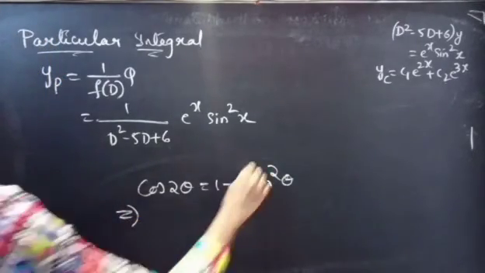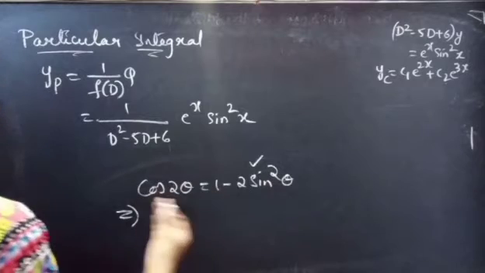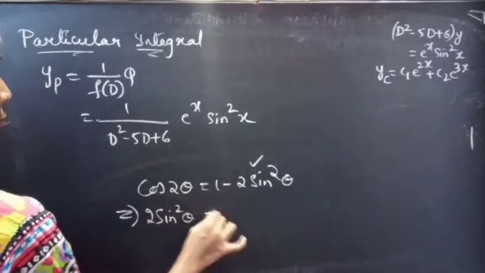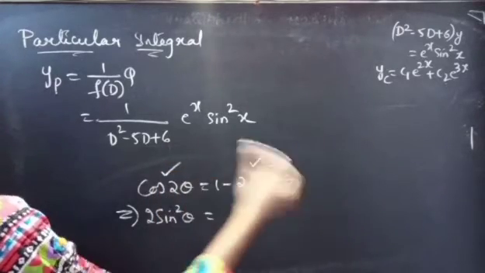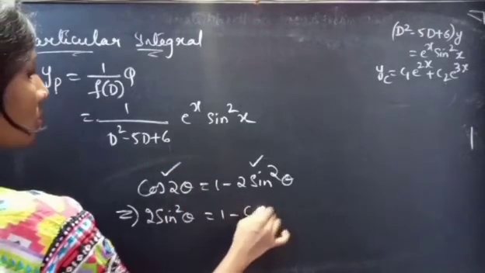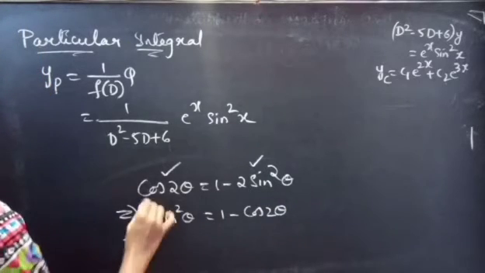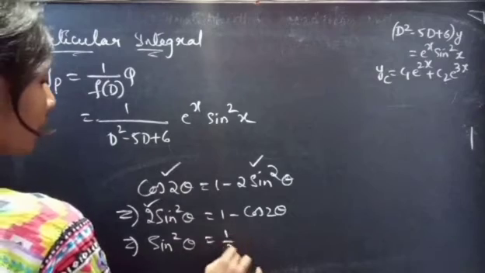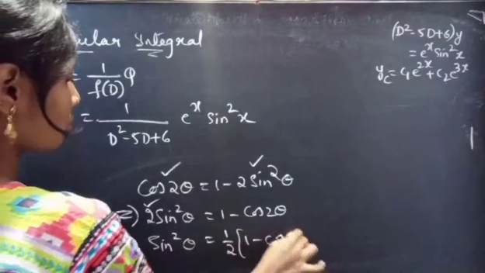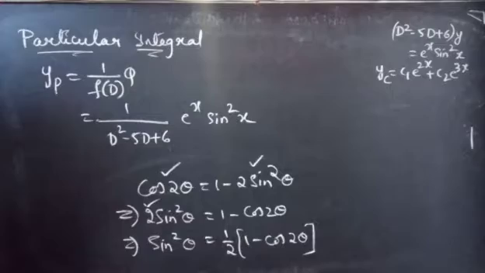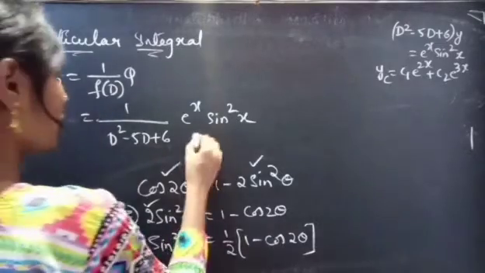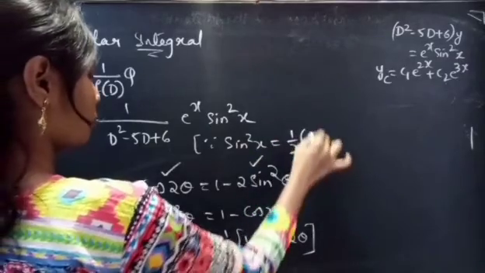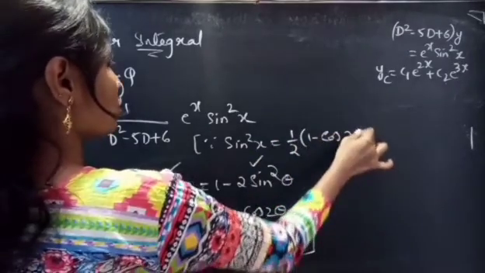Then bring this −2 sin²θ to the LHS, we get 2 sin²θ = 1 − cos 2θ. Now take this 2 to the RHS, we get sin²θ = 1/2 (1 − cos 2θ). Then for θ = x, we get sin²x = 1/2 (1 − cos 2x).